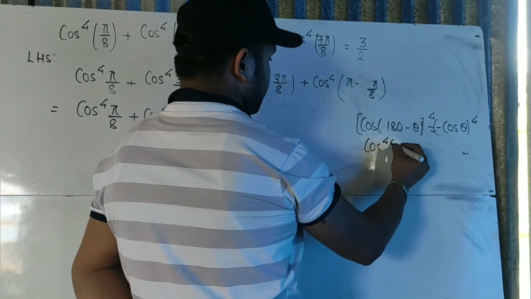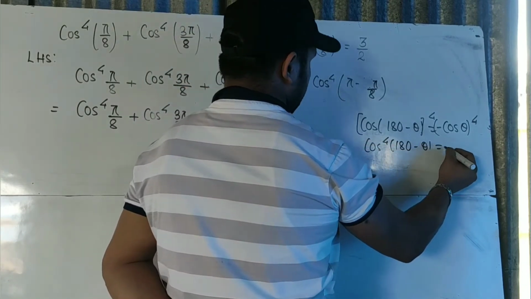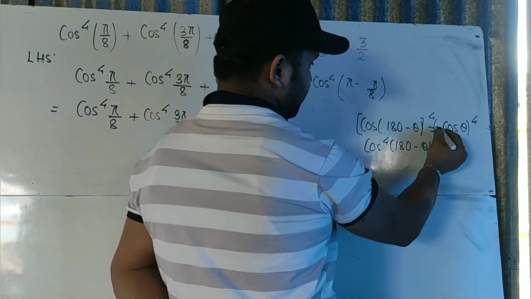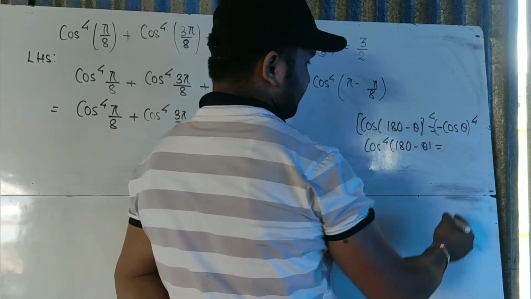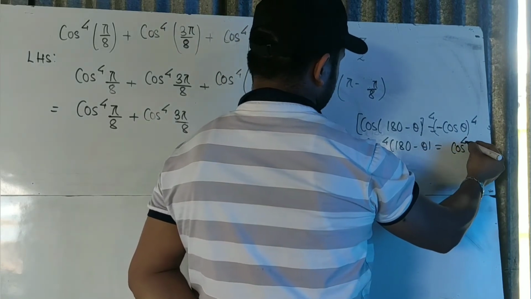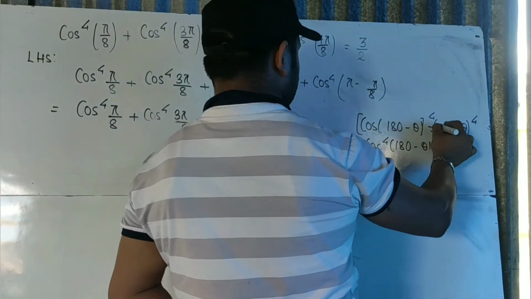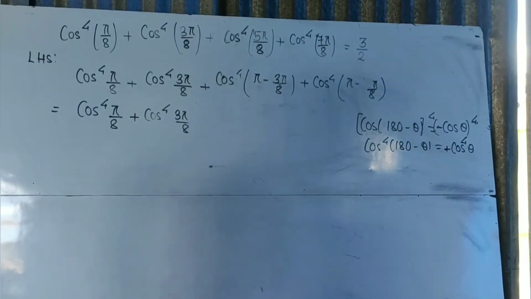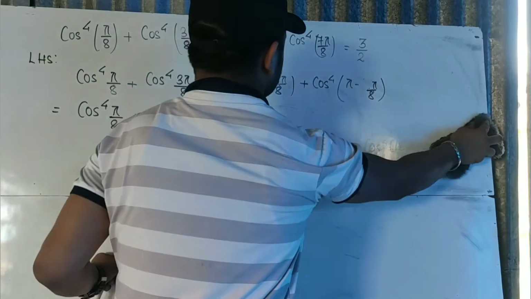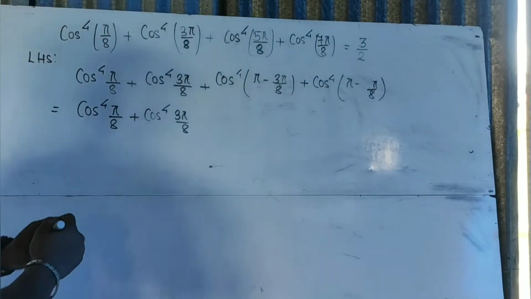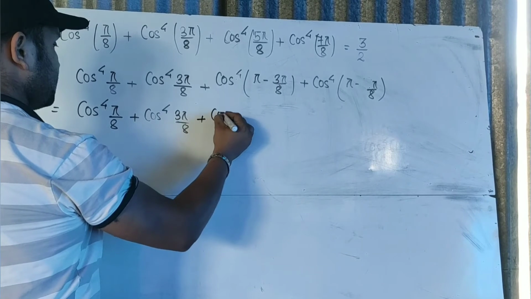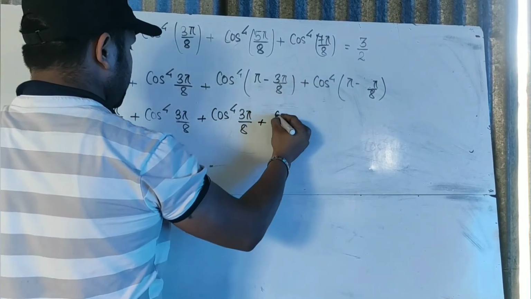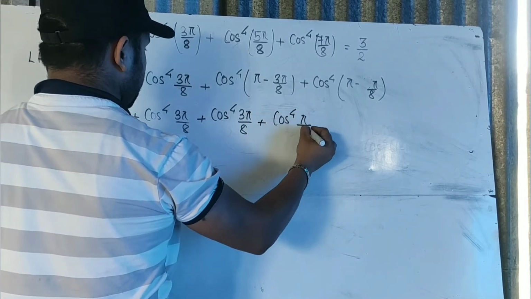So cos to the power 4 of 180 minus theta gives you plus, because minus with an even power is positive. In a similar manner, cos to the power 4 of 180 minus 3 pi by 4 will also give you cos to the power 4 of 3 pi by 4, and cos to the power 4 of pi by 8.